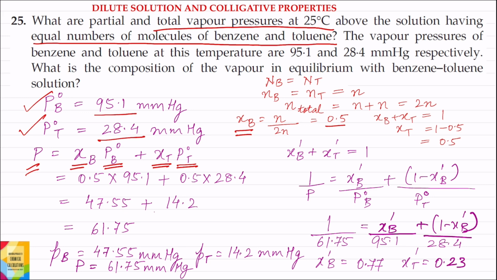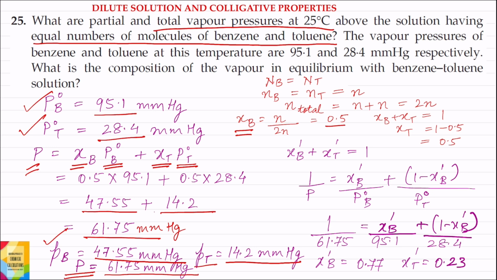So putting the values and solving, 47.55 is the partial pressure of benzene and 14.2 is the partial pressure of toluene. So adding partial pressure of benzene and partial pressure of toluene, the total vapor pressure is 61.75 millimeter of mercury. So partial pressure of benzene is 47.55 millimeter of mercury. Partial pressure of toluene is equal to 14.2 millimeter of mercury and total vapor pressure is equal to 61.75 millimeter of mercury.